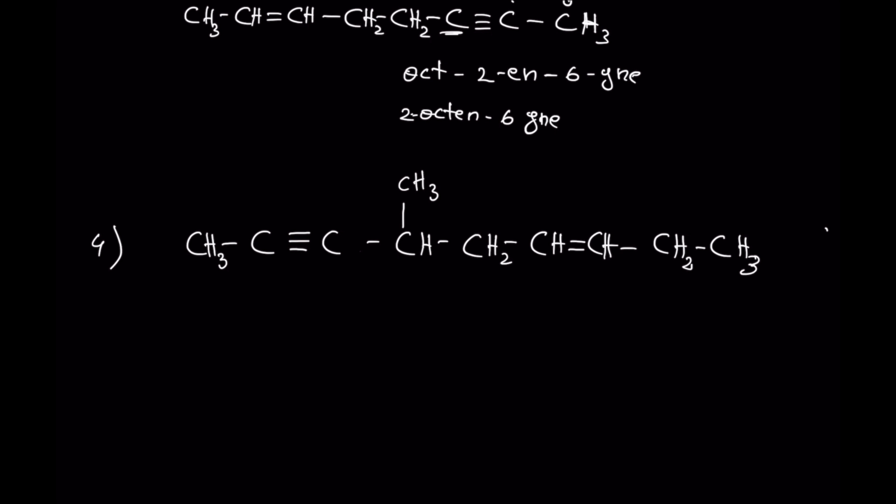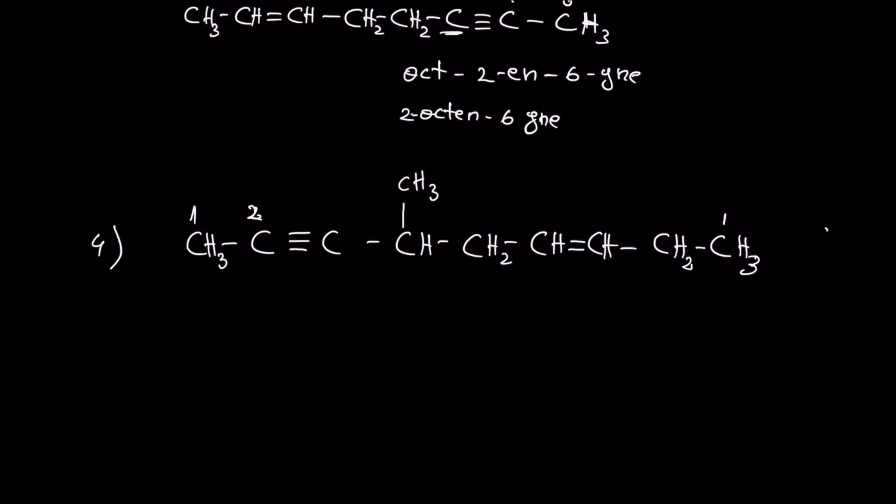In this case, we have a double bond and a triple bond that are in different positions. I said that when there is a choice in numbering, the double bond receives a lower number than the triple bond. In this case, if you start numbering on this side, it's going to be 1, 2. So the triple bond has the lowest possible number.